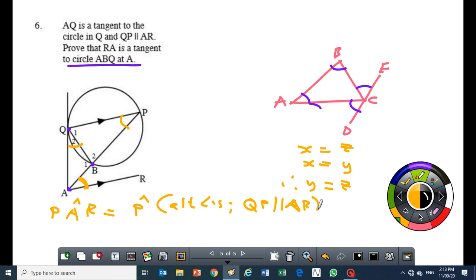That's very straightforward, because this is a tangent and this is a chord. It therefore means that this angle is going to be equal to angle P. And that's the tan chord theorem. So we'll say Q2 is equal to angle P. The reason: tan chord theorem.